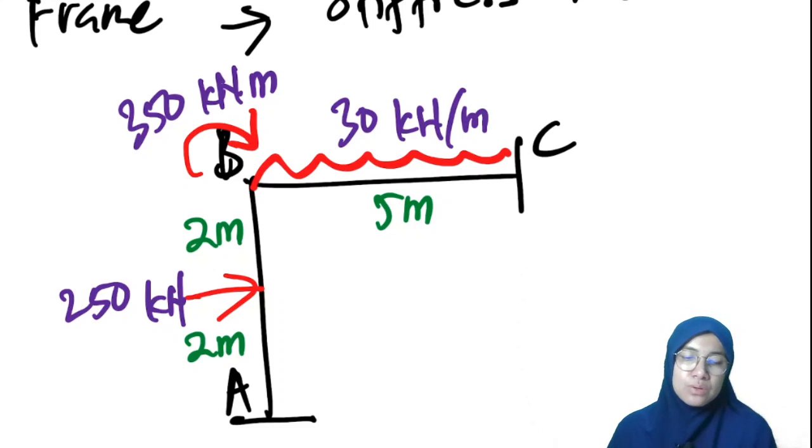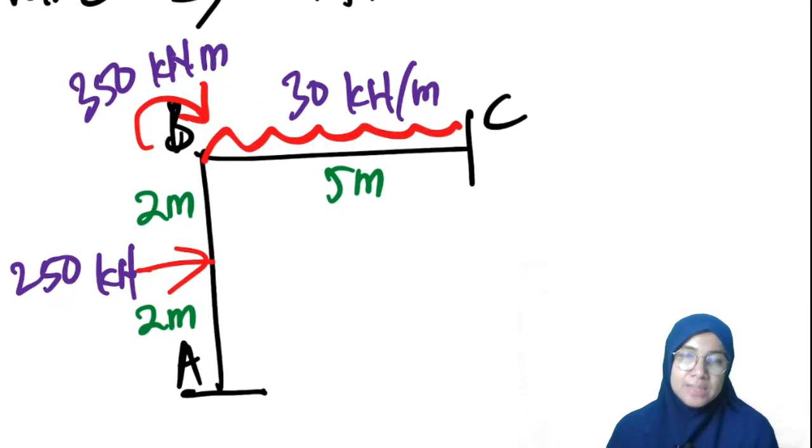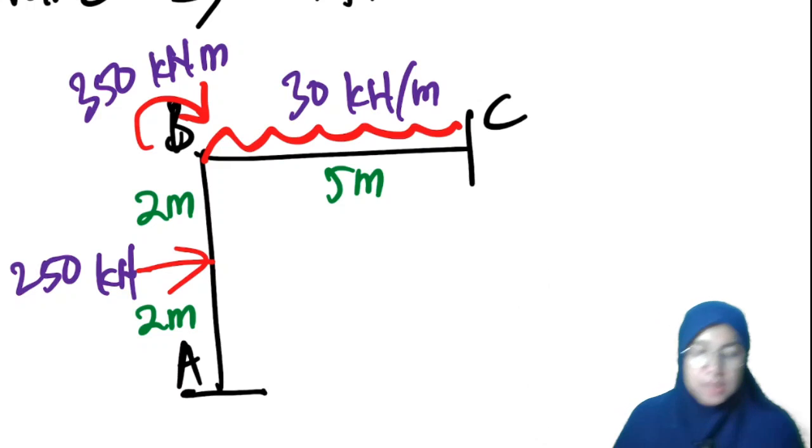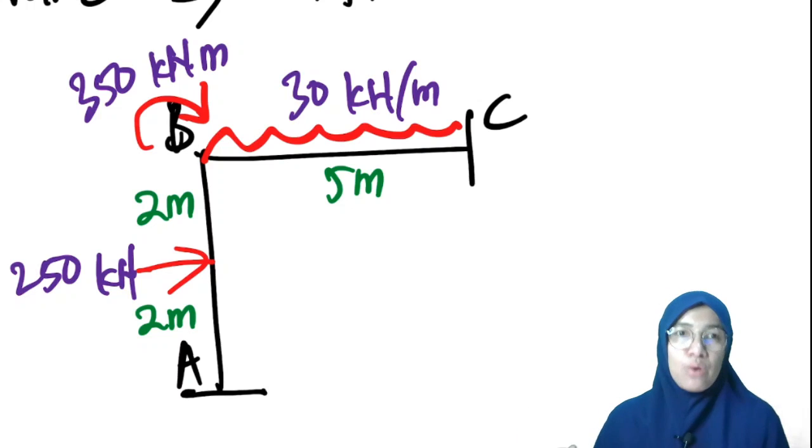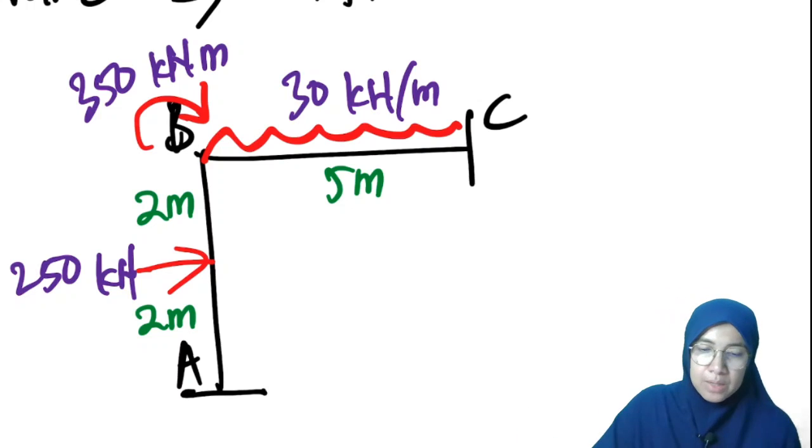The procedure will be the same, except we need to put the coordinates, in order to calculate Cx and Cy, because in the formula we can see Cx and Cy. So we put the coordinates right now.